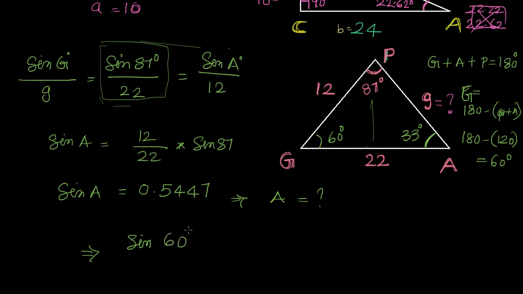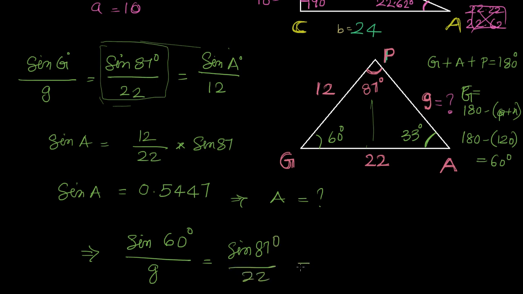I will say sine of 60 divided by small g is equal to, I can go to any one of these friends, right? Now all of us are friends. I know this information, I know this information. Let me go back to our old friend, sine 87 by 22. That's nothing but equal to sine 87 by 22.